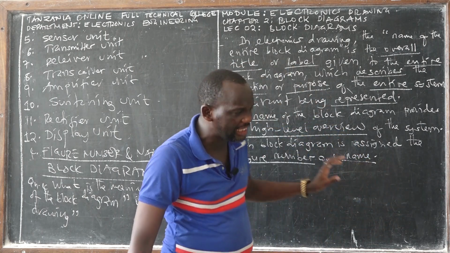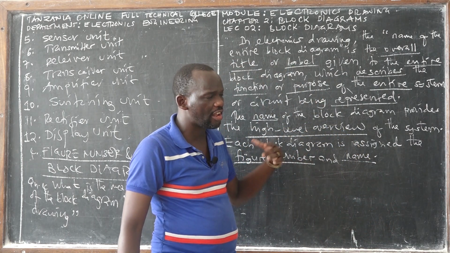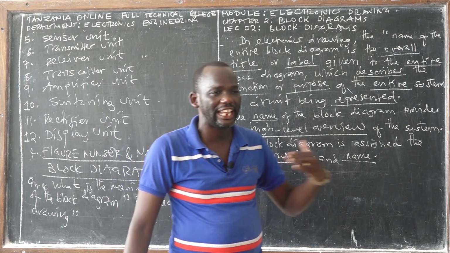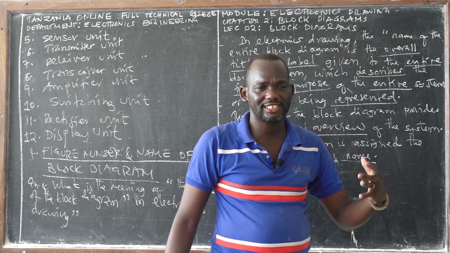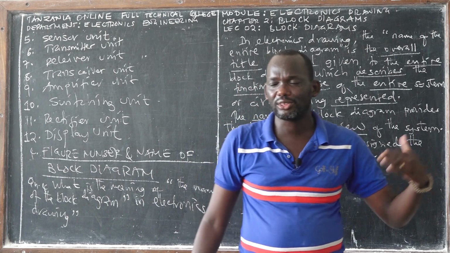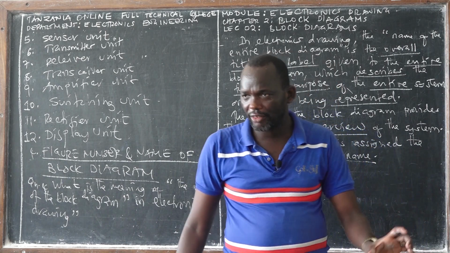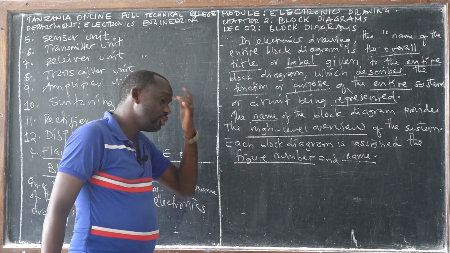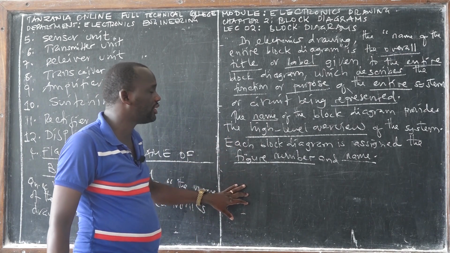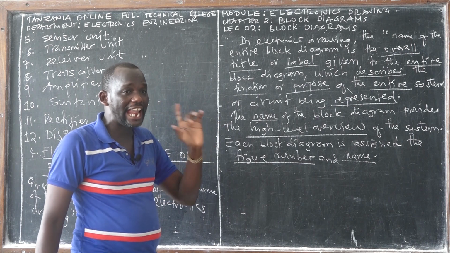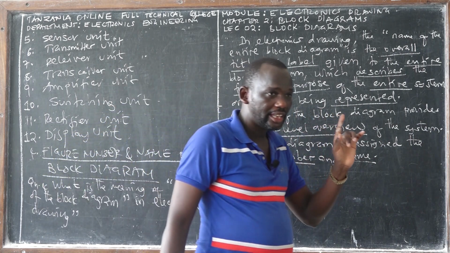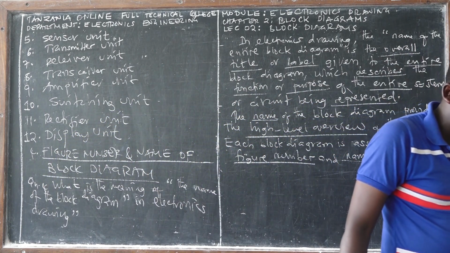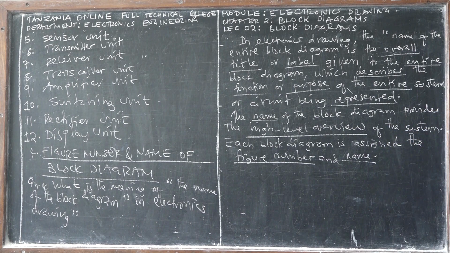So it means that the first lecture, second lecture and third lecture when I've been teaching, I was giving you the high level. You were just learning from me in terms of high level overview. Are we together? So in case you want to know the high level overview of the system, you may read and think about its name, the name of the block diagram.